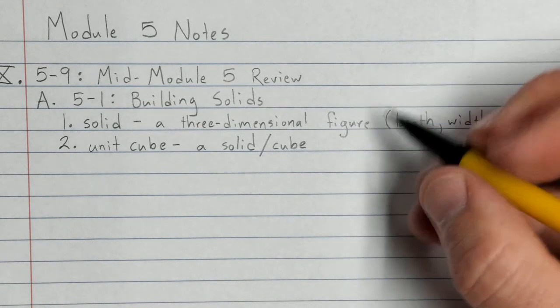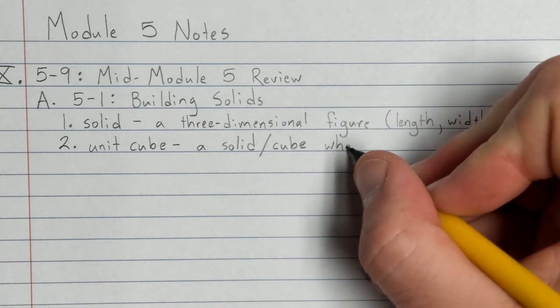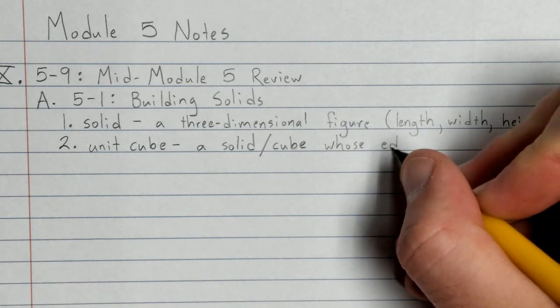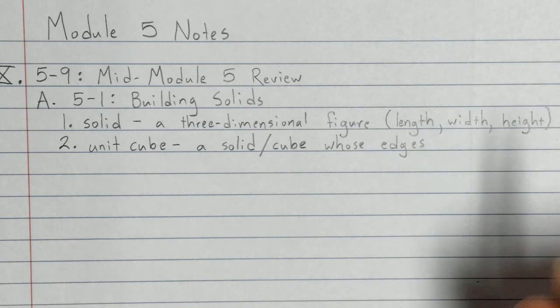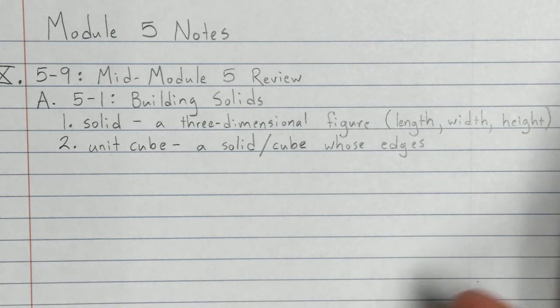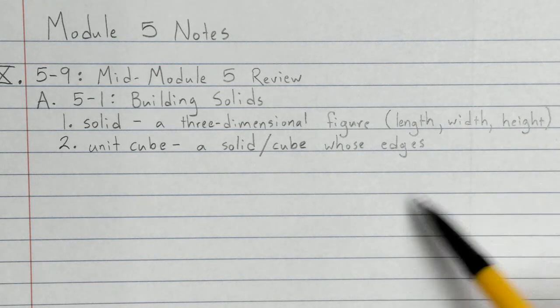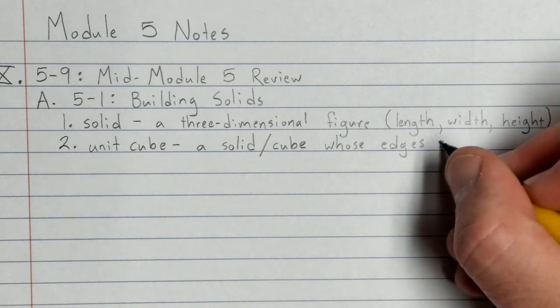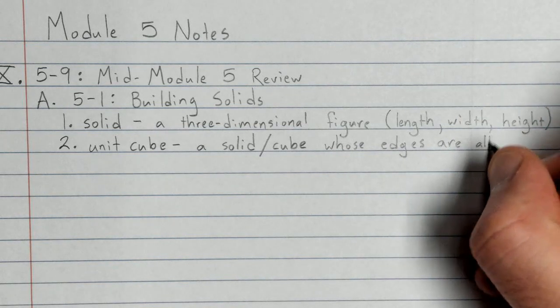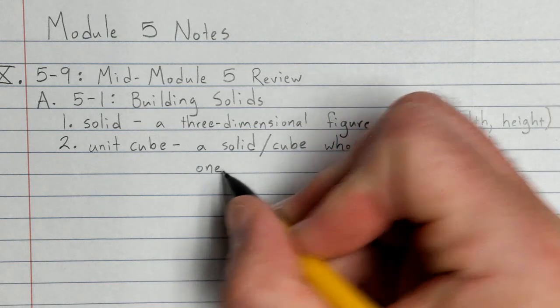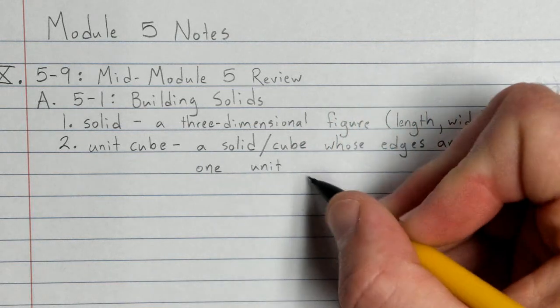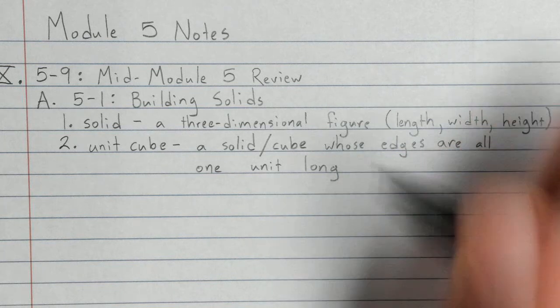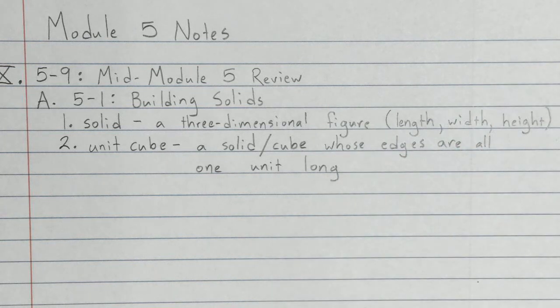A solid, a cube, whose edges, now I think originally I wrote sides in your other notes. Let's be more mathematical, let's be more precise now that we have the terminology. Whose edges are all 1 unit long. All 1 unit long. Okay.